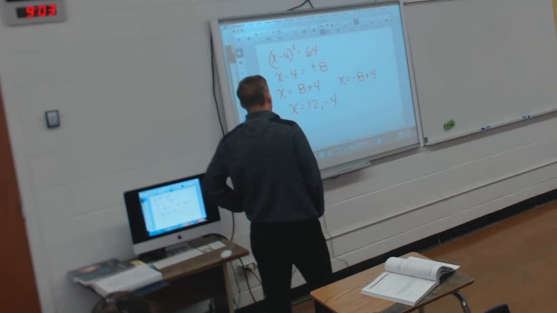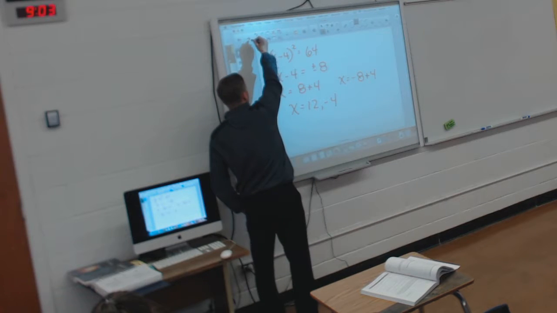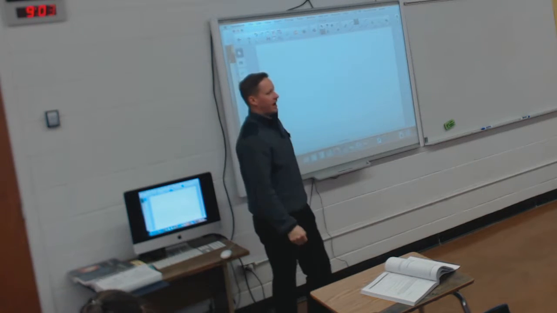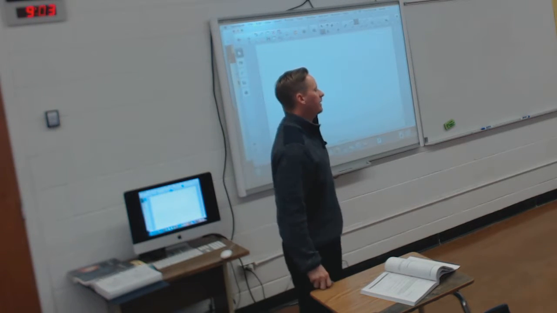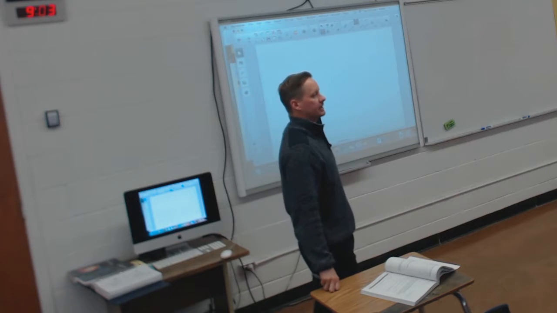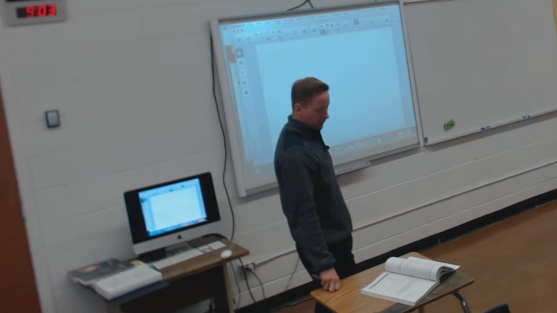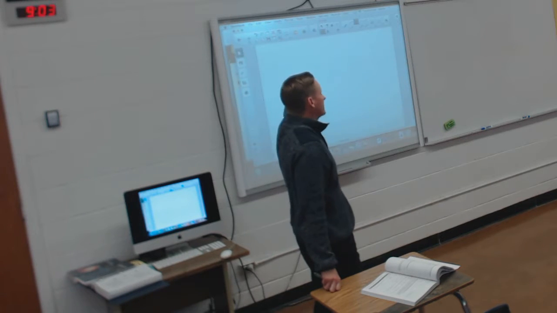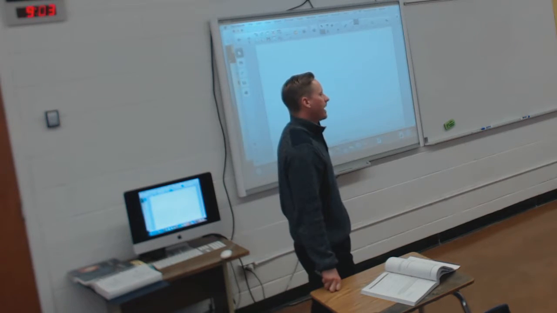So this is the second, this is the third method. The first is, of course, graphing. The second is factoring. The third is that method in which you isolate your x and solve for it. The fourth method is to use the completing the square method and then go back to this guy. Now, I'm not a huge fan of this, but it does work. All right?